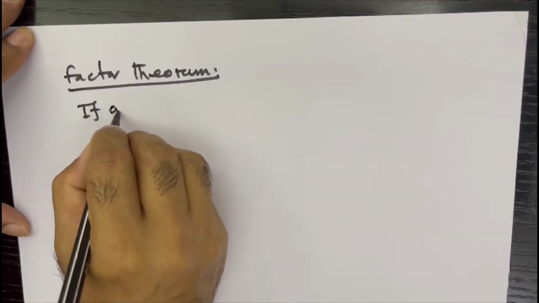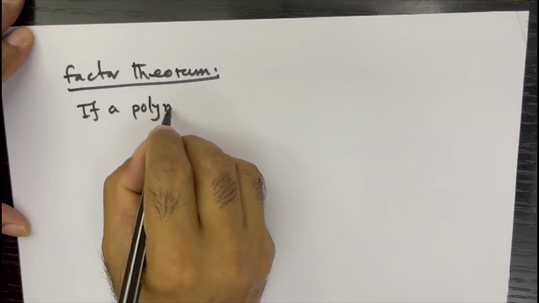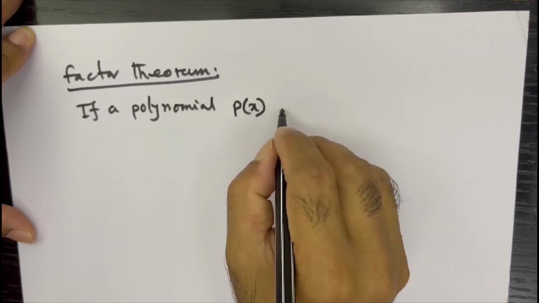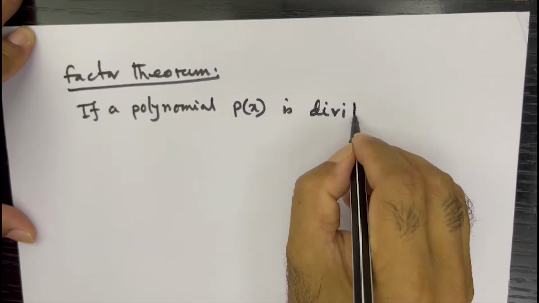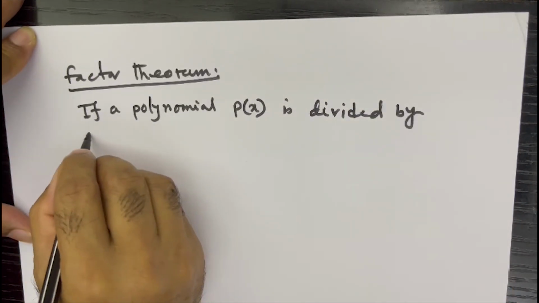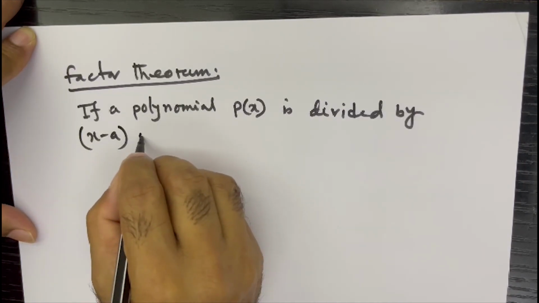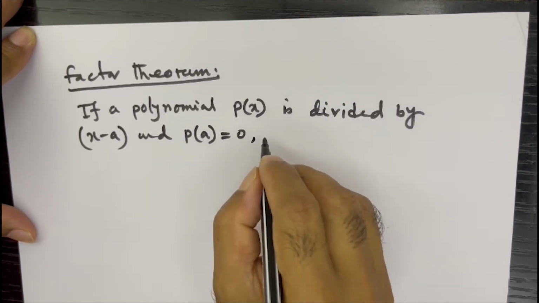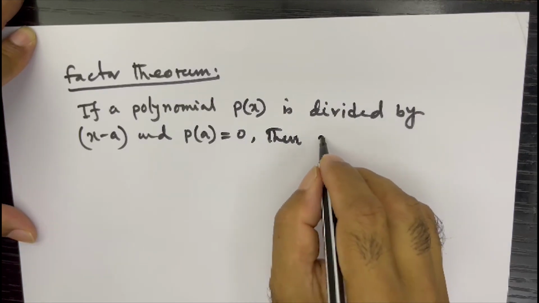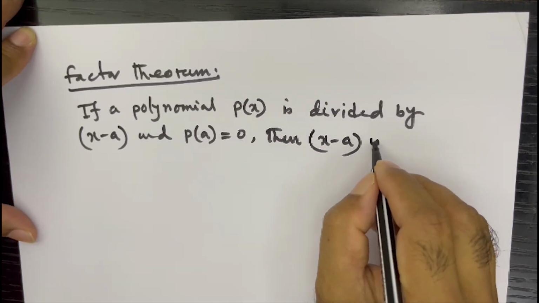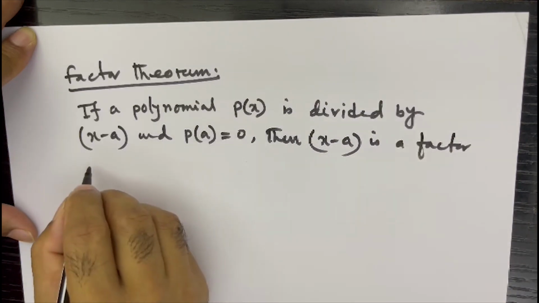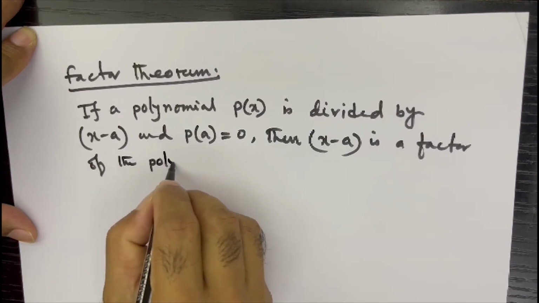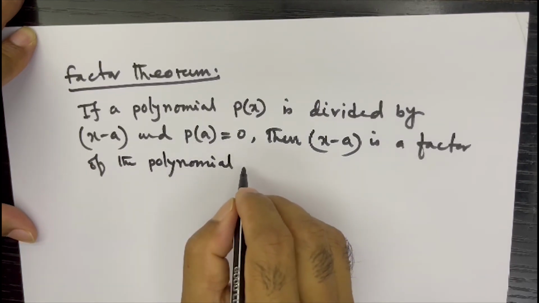If a polynomial p of x is divided by x minus a and p of a equals 0, then x minus a is a factor of the polynomial p of x.